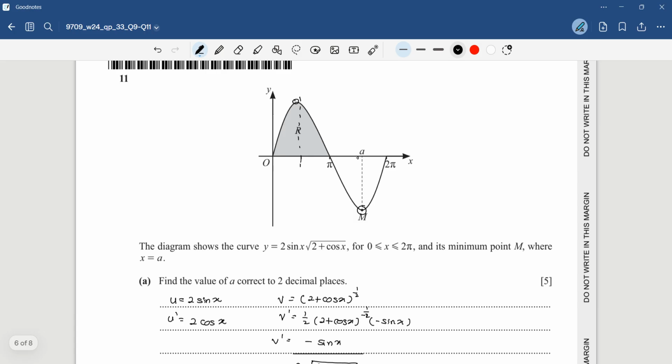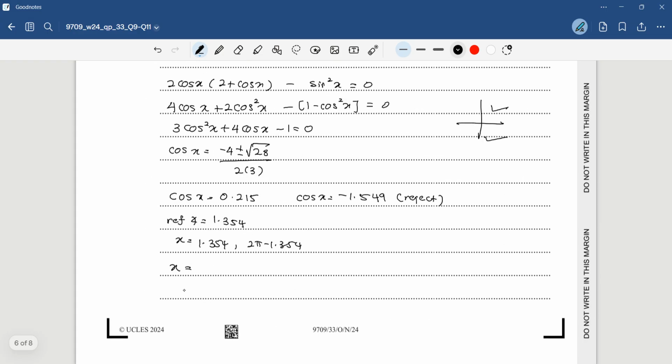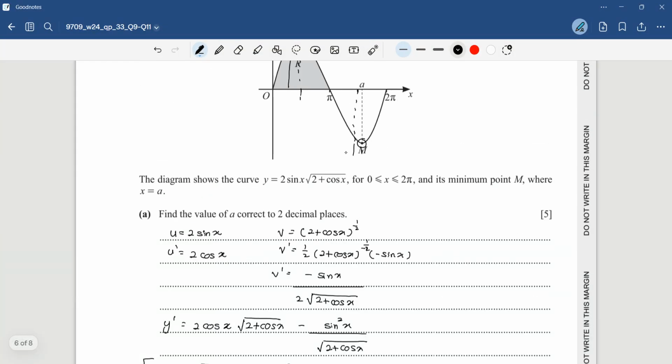Okay, 90, 270. So you can see here, this is your first quadrant, this is your fourth quadrant. So my final answer for a will be 2 pi minus this, which is 4.93. Okay, you don't take the first value, it should be the fourth quadrant, the second value.